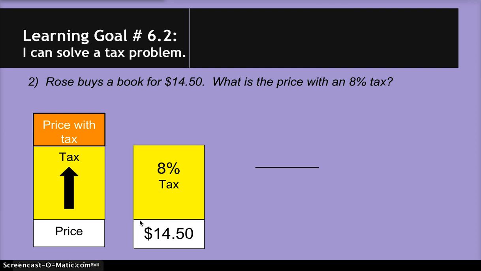And we know we're going to do the first step, which is multiply. So we'll multiply $14.50 times 0.08. And remember, this 8% is represented as a decimal by 0.08. All right, so go ahead and solve this problem and hit pause.